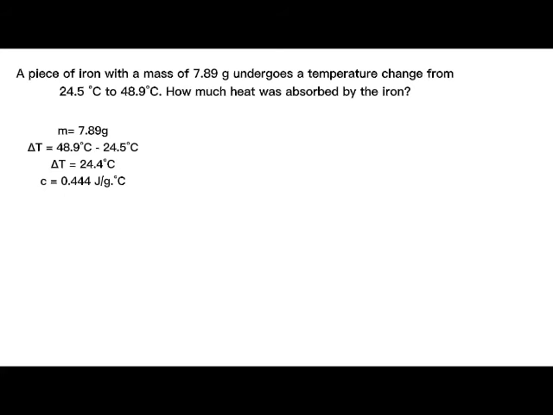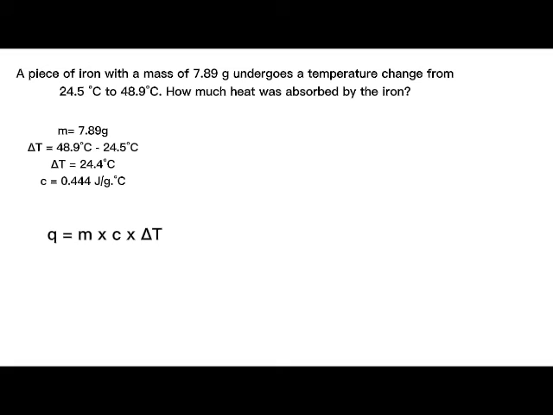temperature. As you can see, there was no specific heat capacity mentioned in the problem, but since iron was mentioned, we can use its specific heat capacity, which is 0.444 joules per gram times degrees Celsius.